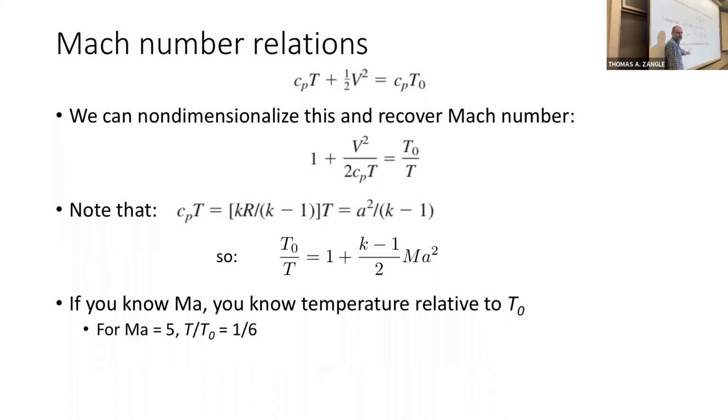That basically comes from the fact that we've ignored viscous work, which would make it irreversible, and we've just done an energy balance. We didn't say which direction it had to go in. We also haven't said that the Mach number is 1 at stagnation.